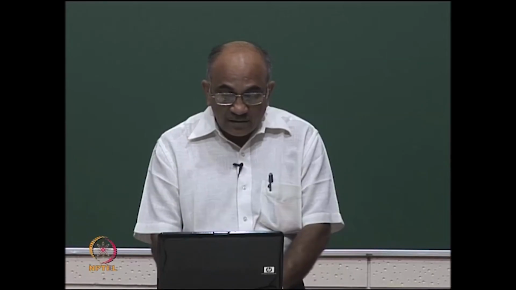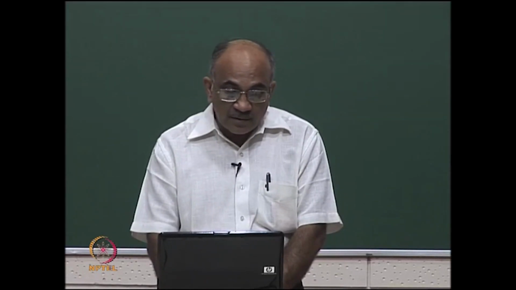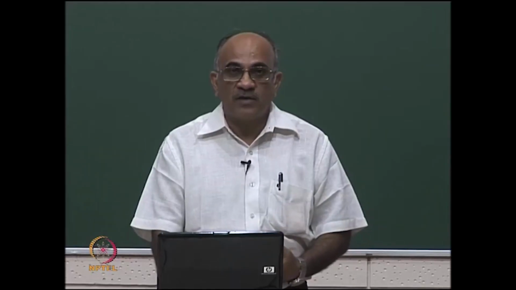Even compared with Kevlar, most of these numbers you see for carbon nanotube are much higher, right. So, look at the strength. The strength is 10 to 60 for carbon nanotube, whereas none of these are of the order of 10, they are all less than 5, whether it is steel, carbon fiber, or this polymer which is used for bulletproof vests.